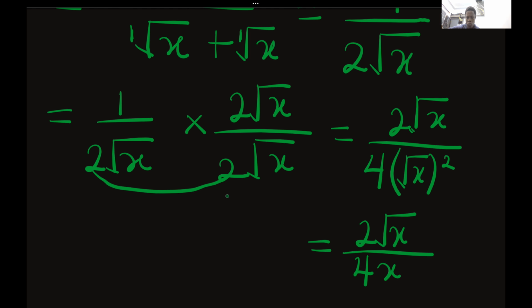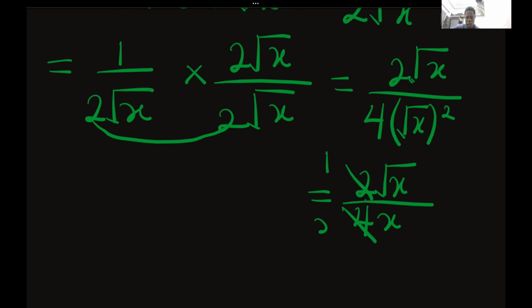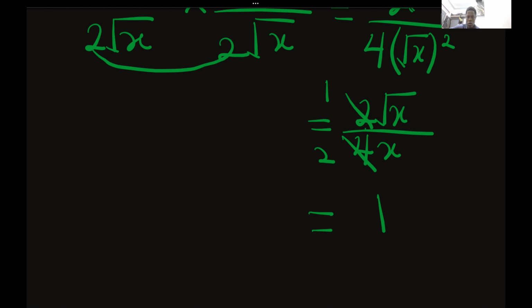Which we can still simplify, because 2 divides 2 here, we get 1. 2 divides this one, we get 2. So we can still simplify to get the square root of x over 2x. The square root of x over 2x.